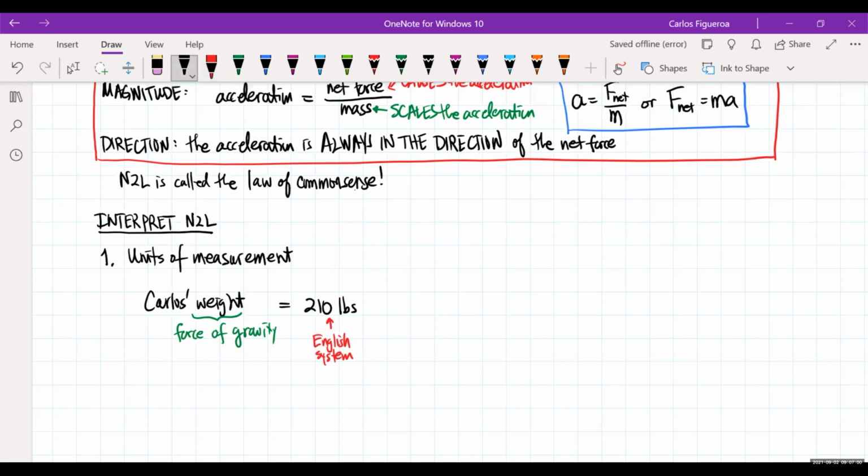And so when I reinterpret that weight in terms of the metric system, this is 200 newtons. So when I look at this here, this is written in the metric system.